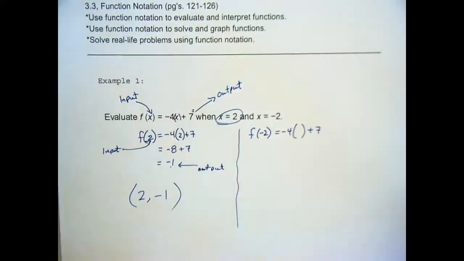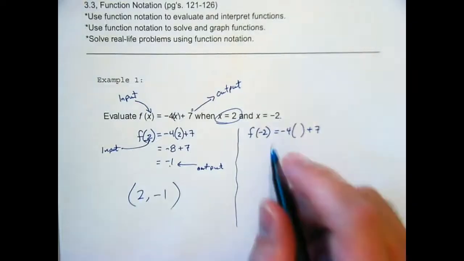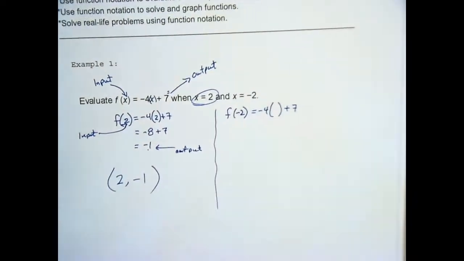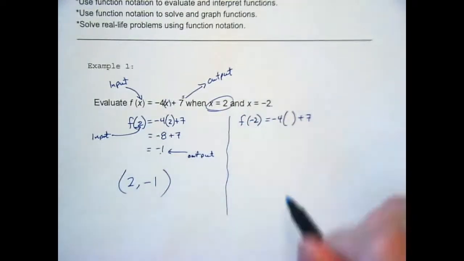How many got it? Okay, so how can you have multiple inputs? Like, how can I have x equaling two different things? No, it's not absolute value. Think about a graph for a minute.